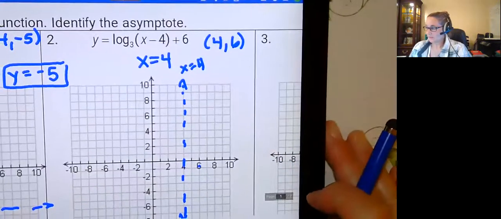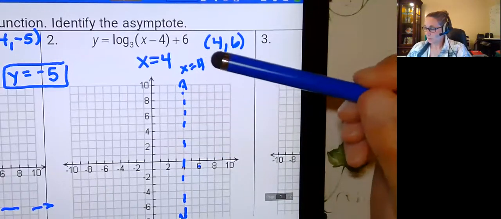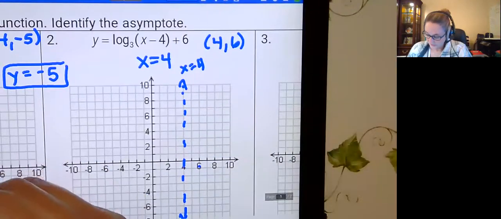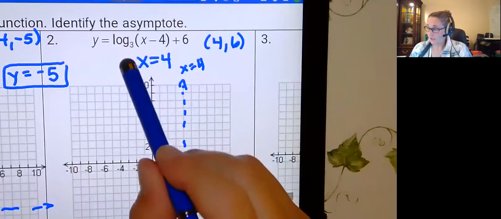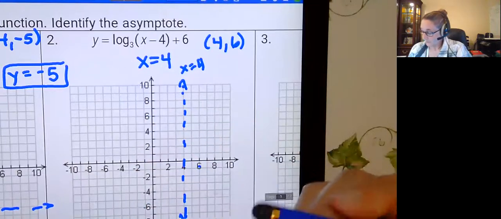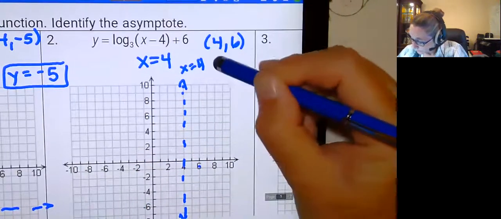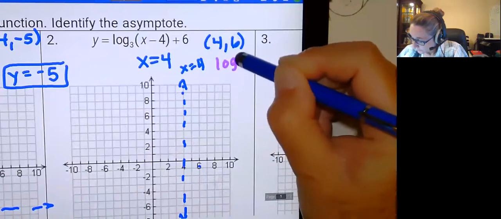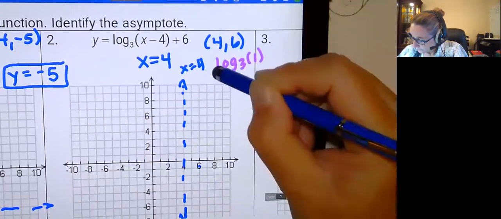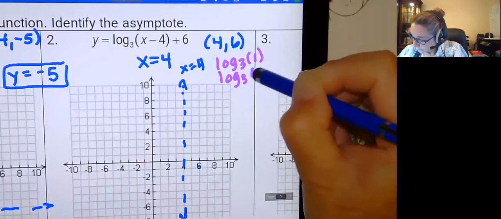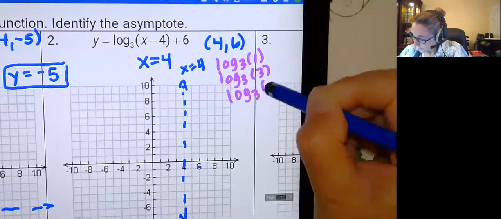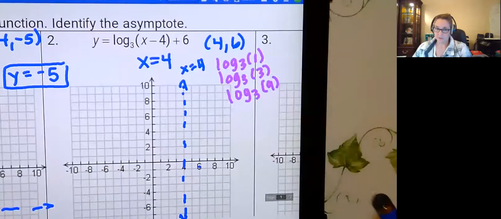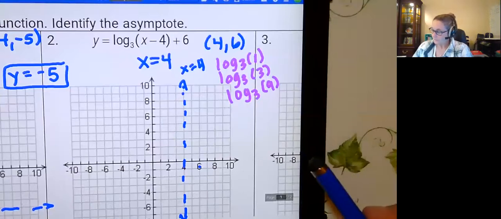And then I am going to come to this 4, 6, and this is where I'm going to start doing my graph. And my graph, I'm graphing log base 3. So kind of the values I want to think about: log base 3 of 1, log base 3 of 3, log base 3 of 9, and that's probably more than I can fit on this graph, okay?